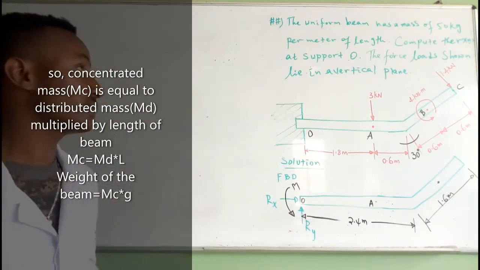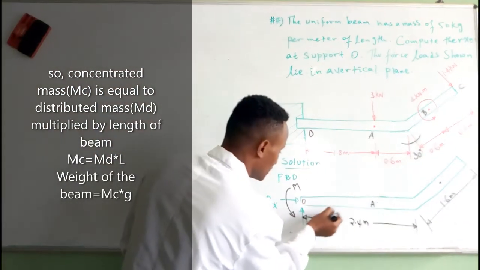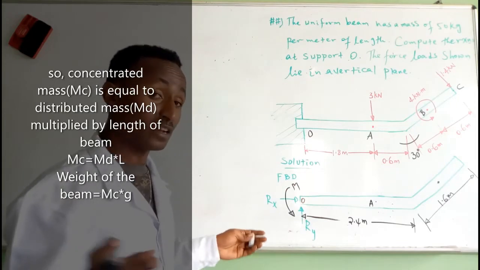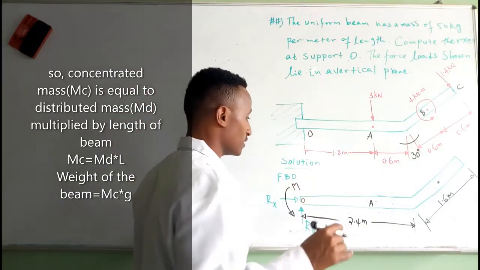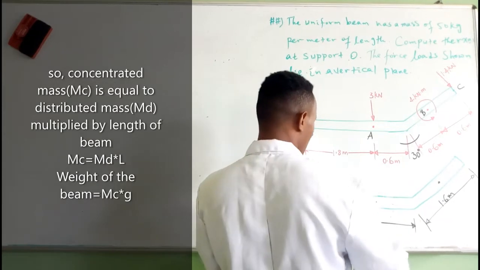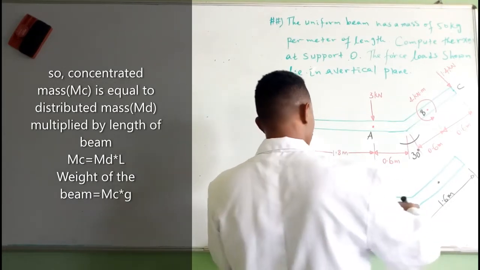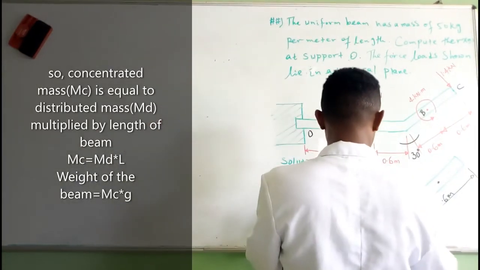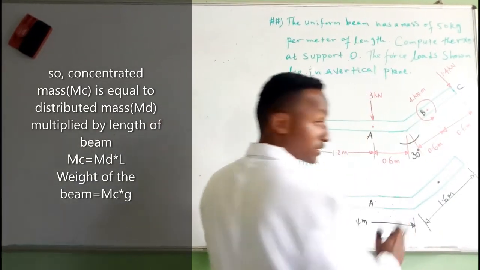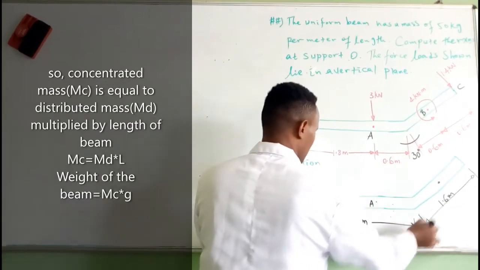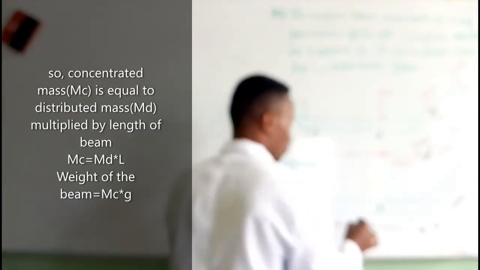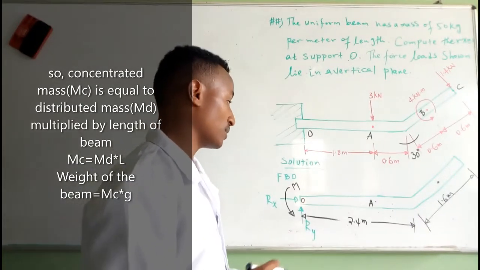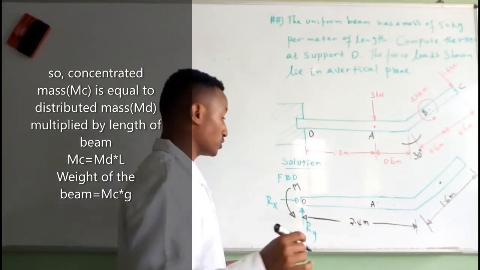We convert it to concentrated load: at every distance 50 kilogram per meter, we multiply by the length. The center of gravity for this distance becomes at the central point, 2.4 divided by 2, so it becomes 1.2.